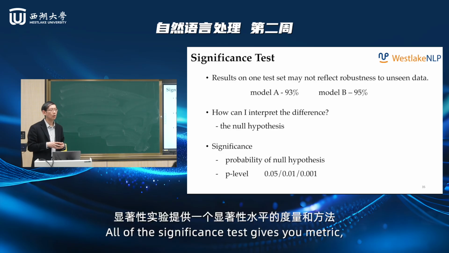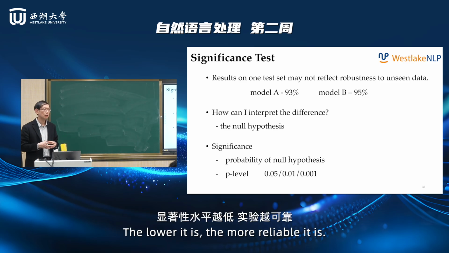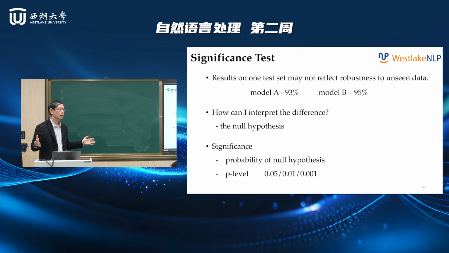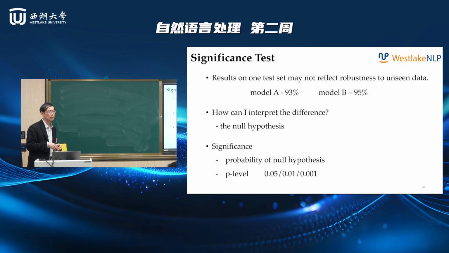All of the significance tests give you a measure on the significance level. The lower it is, the more reliable it is. And of course, the larger your test data is, typically your significance level is lower. So your result is significant.